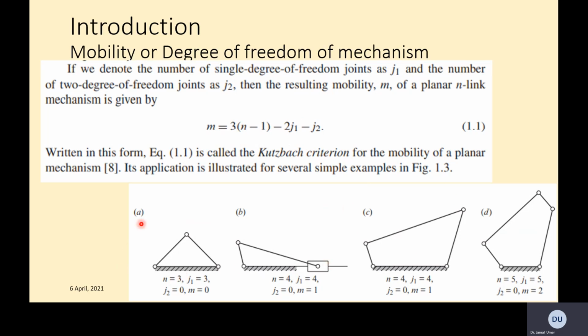So for example, this is one of the mechanisms where the value of M is determined by using this equation. I will go through one by one, just for your practice. For example, here the number of links, 1, 2, 3 in diagram A. N is 3. Number of single degree of freedom joints are 3 as well, because 1, 2, 3, they are all single degree of freedom joints.